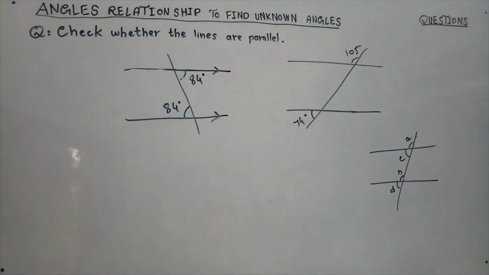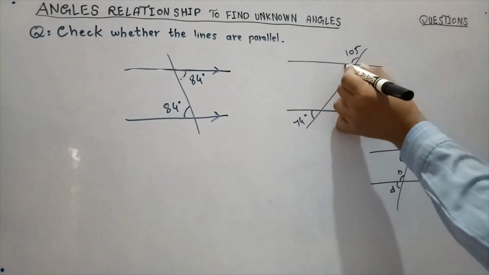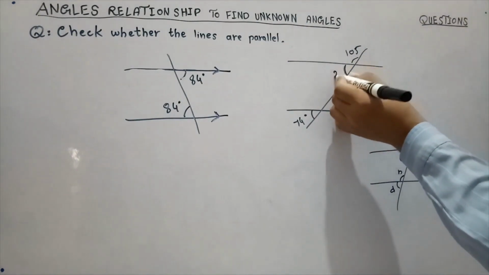So what we can do, actually you know that this is a straight line, and we use the theorem angles on a straight line. The sum of all the angles present on a straight line will be equal to 180 degrees. Let that angle be x.